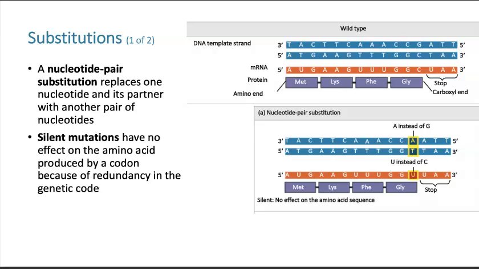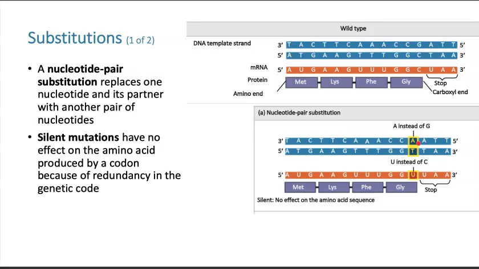The example that your book steps you through is this one right here, and really it's just things that I hope you're familiar with. A nucleotide base pair substitution, replacing one base pair for another. In this case, what we have is a silent mutation.